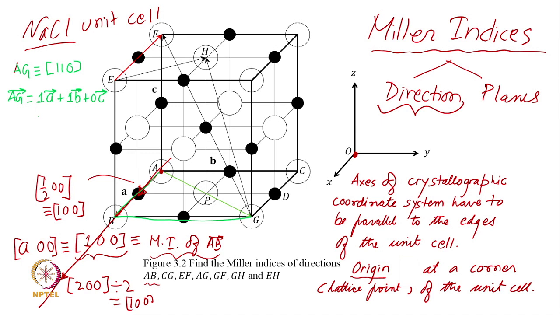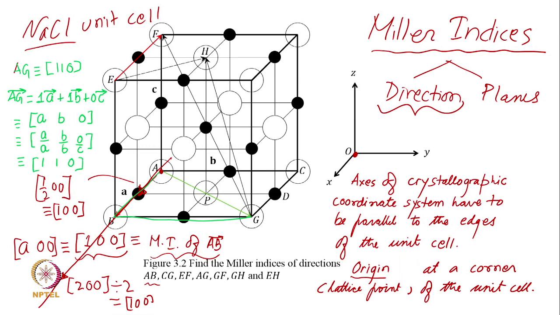In terms of coordinate, it becomes a, b and 0. But then in Miller indices we use the fractional coordinate. So, we will divide the first one by a, the second one by b and the third one by c. So, I get 1 1 0.